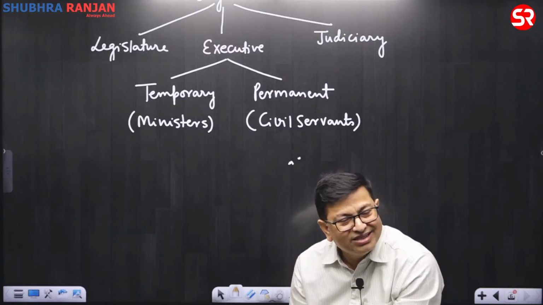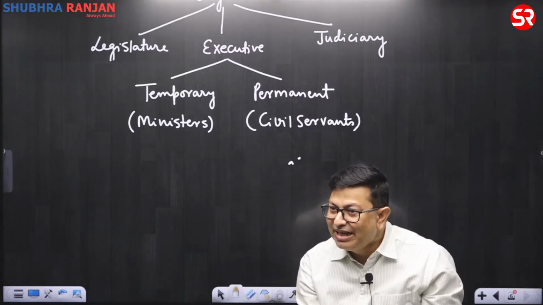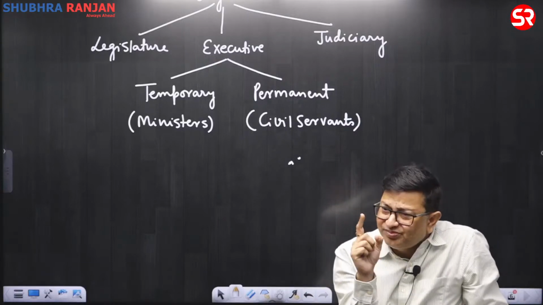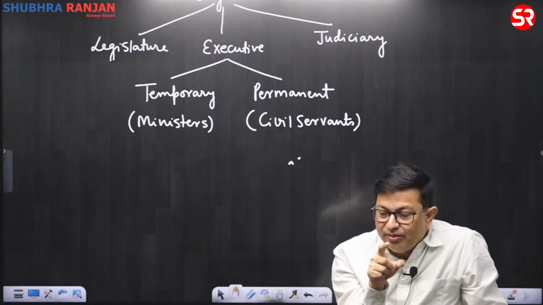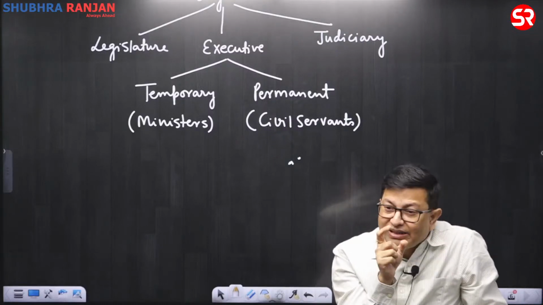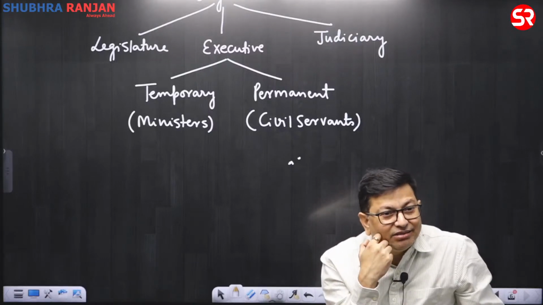And not only this, even the departments keep on changing. You see, if you talk about the national level, in the last Lok Sabha, many persons were ministers. For example, Anurag Thakur, he was a minister.